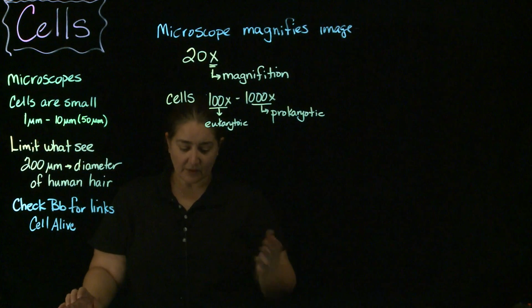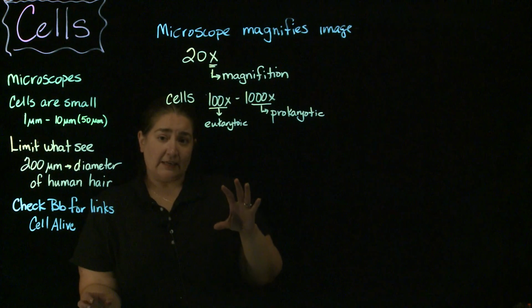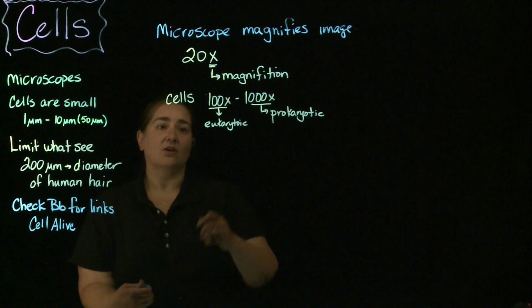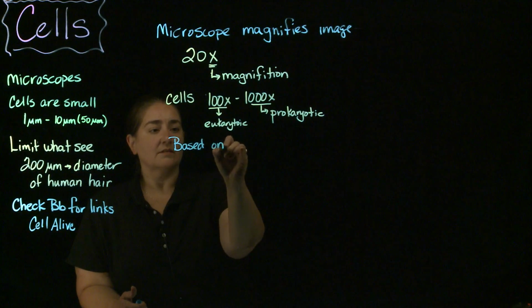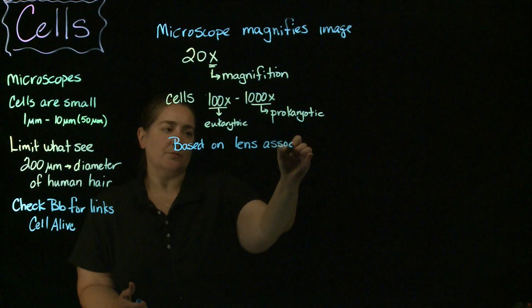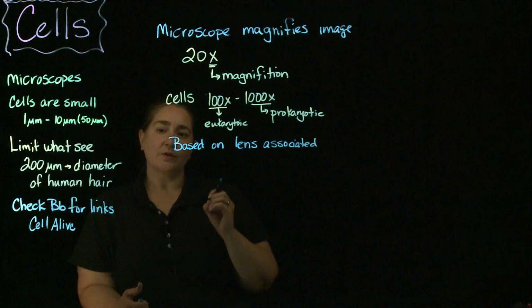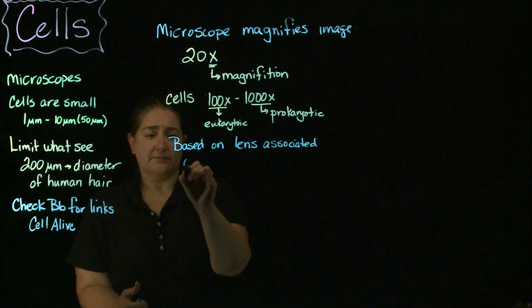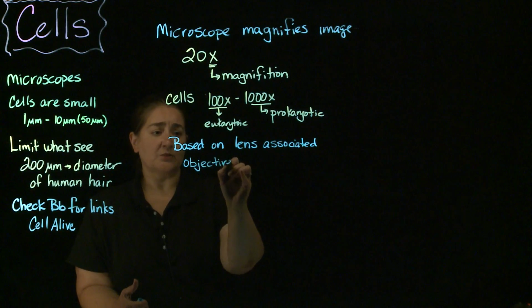All right? But the way we figure out magnification is based on the lens associated with the microscope. And with the microscope lens, it's called the objective lens.